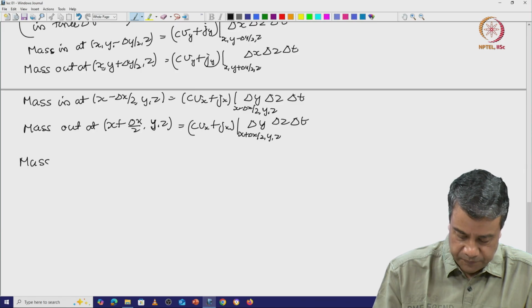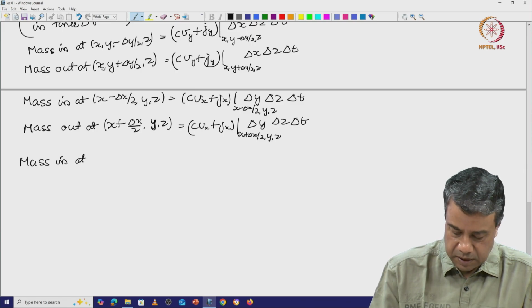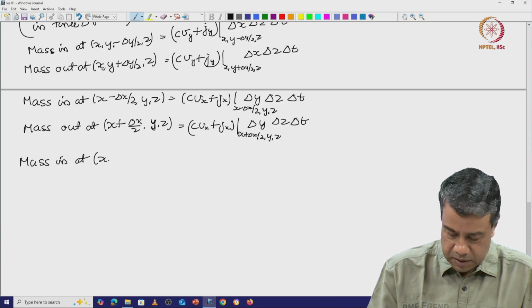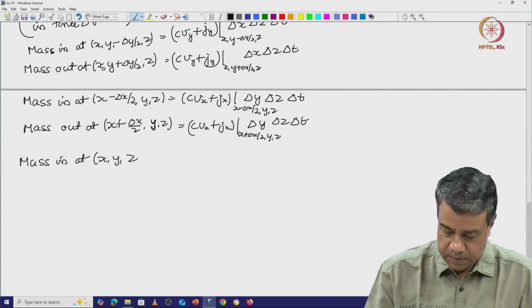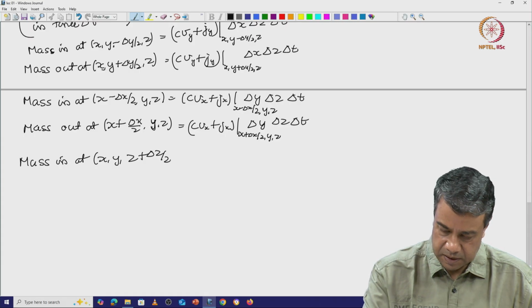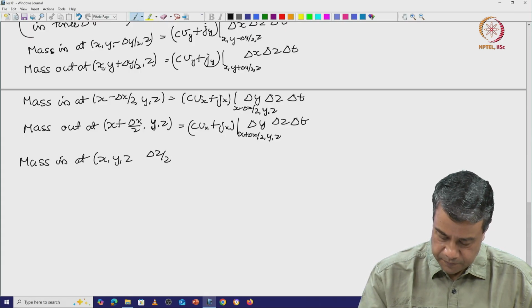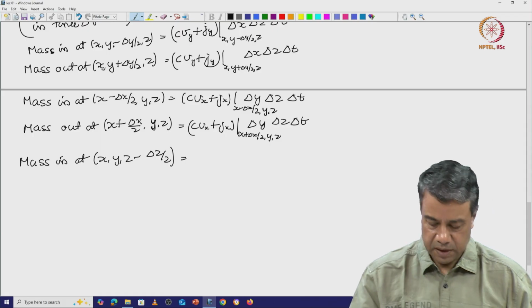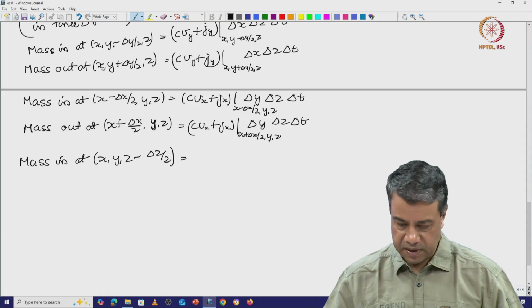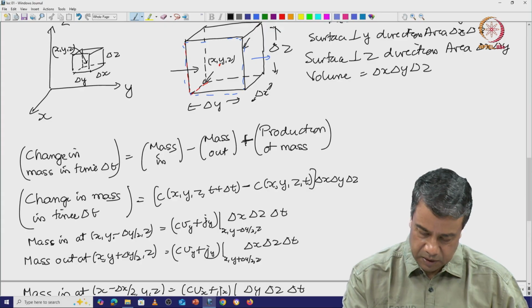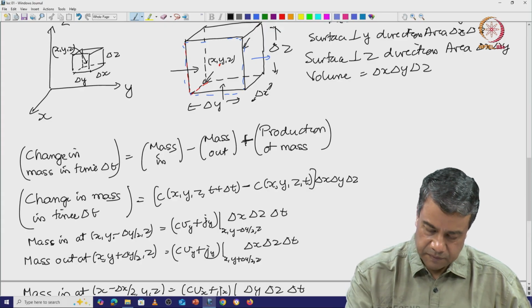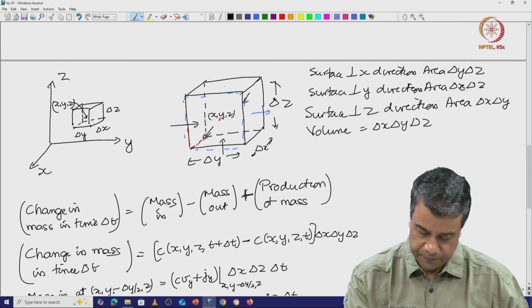Mass in at x, y, z minus delta z by 2. This is the bottom surface. So, I have mass coming in at the bottom surface and mass leaving at the top surface.